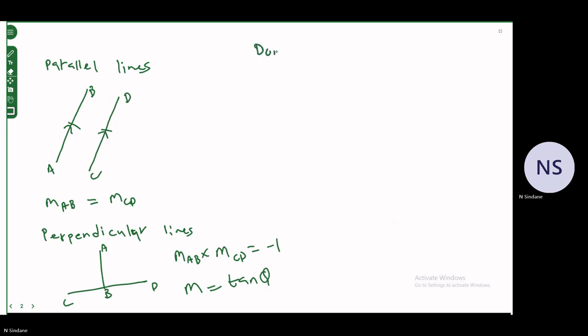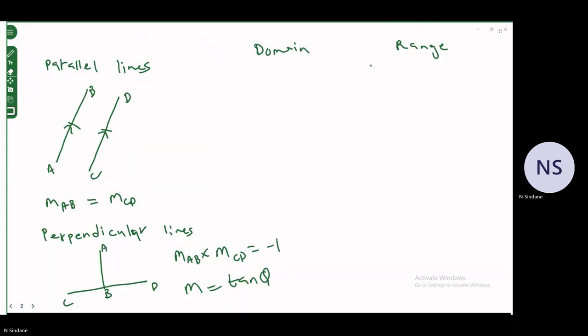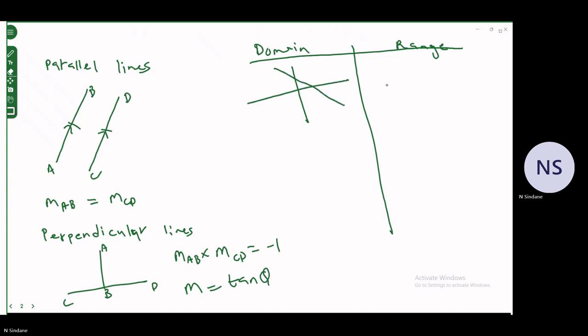Now let's come to domain and range. Say I have a graph like that, same thing on this side.